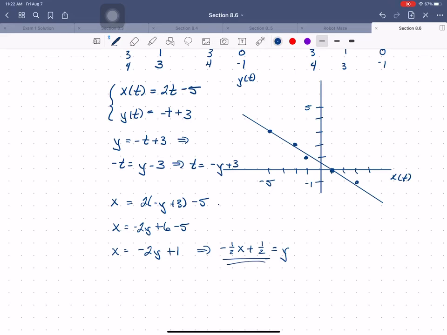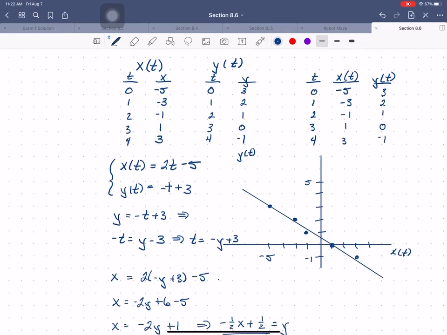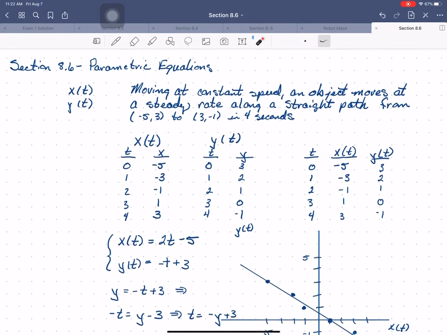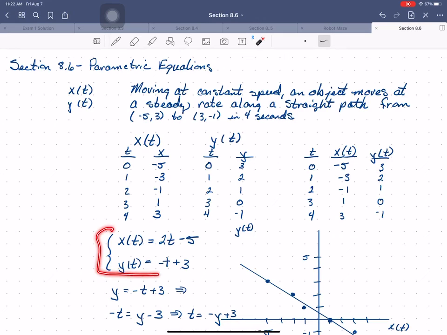And this is what we see when we graph that, right? So what did I do? Well, I did a few things here. I took a description here, and I developed equations for x and y as a function of t. So this really is the set of parametric equations that describes the motion of this object.